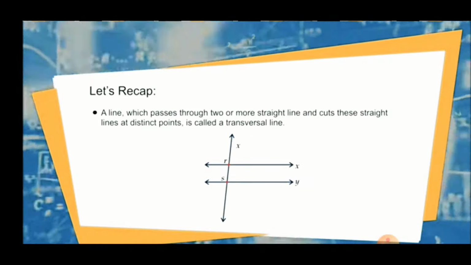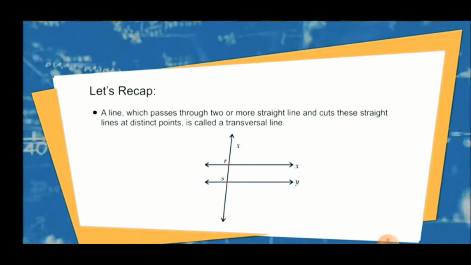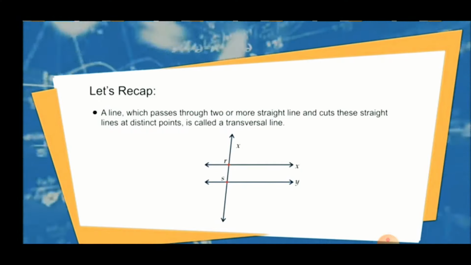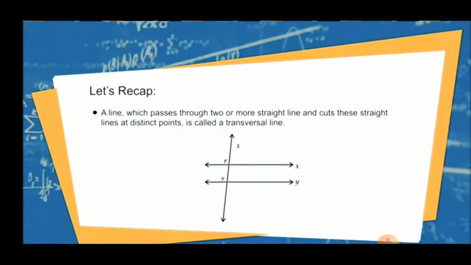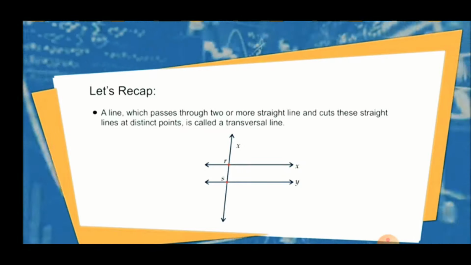A line which passes through two or more straight lines and cuts these straight lines at distinct points is called a transversal line.